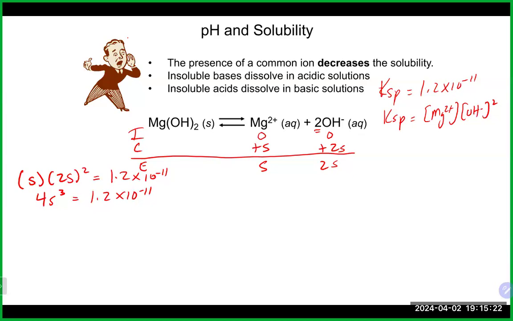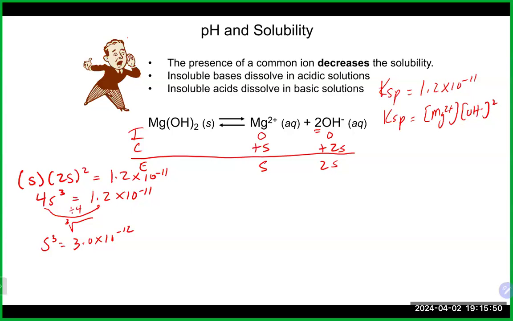Now, if we want to solve for the molar solubility of this solution, we divide by 4 and then take the cube root. So 1.2 times 10 to the minus 11 divided by 4 gives us S cubed equal to 3 times 10 to the minus 12.